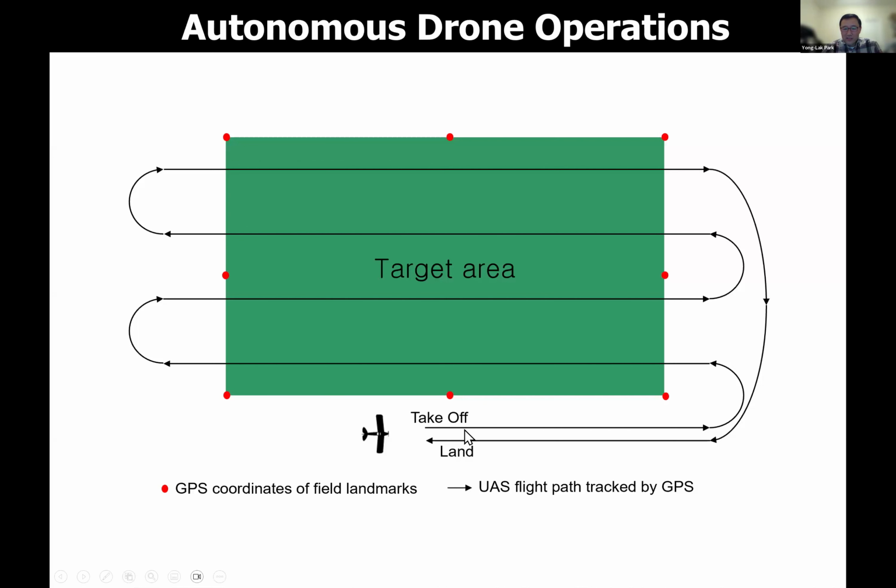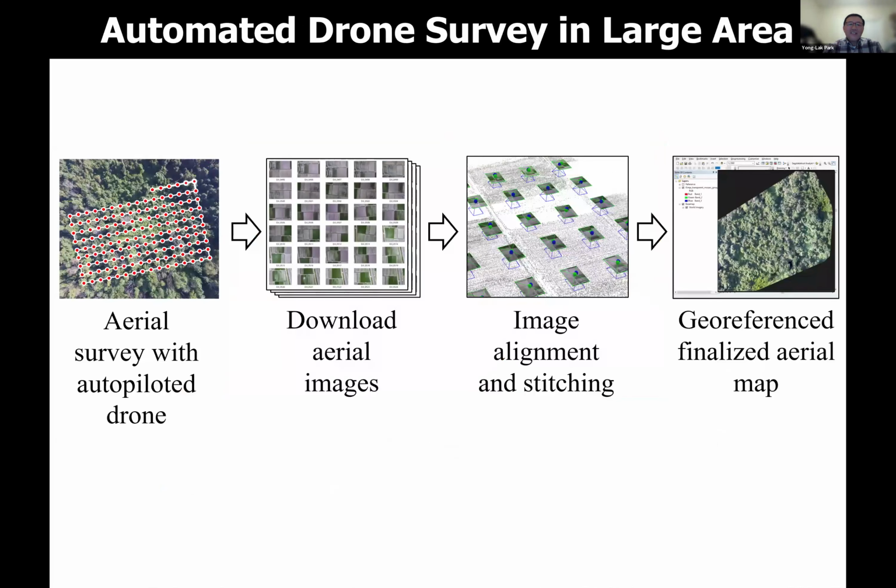We fly the drone in a serpentine pattern over the target area and then return back. Again, we are not flying it; we program it, push a button, and the drone does the job. While the drone is in the air, it takes continuous aerial images, generally with 75% overlap, so that we can put them together. This is the general autopilot protocol.